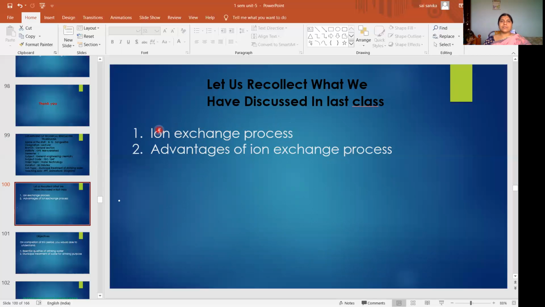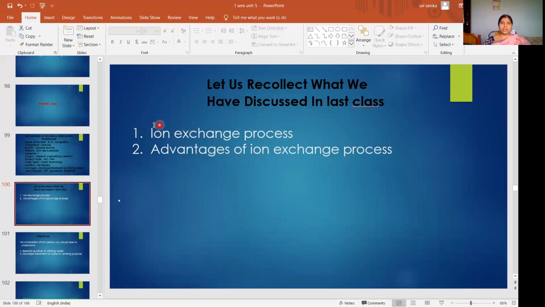In this process, we are using two types of resins, acidic resin and basic resin. In one container we are keeping acidic resin, in another container we are keeping basic resin. Then we are passing hard water onto the acidic resin. The cations present in the water are exchanged with the H plus ions of the acidic resin.